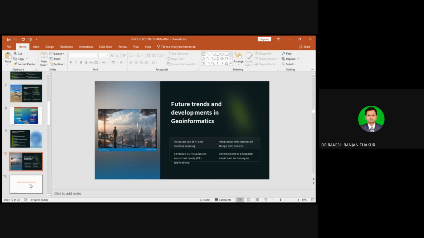In your syllabus, after multidisciplinary and recent trends, in Block 2 we are going to talk about the geospatial data set, geospatial things. That's why I'm trying to give you a light on that. So up to here, if anyone wants to ask something, you can ask.